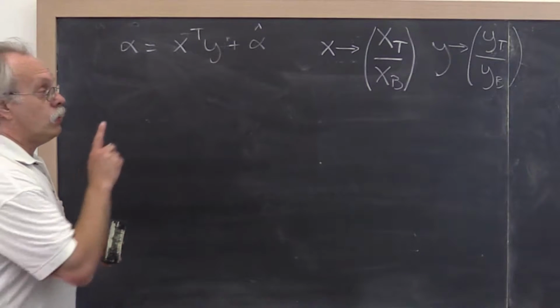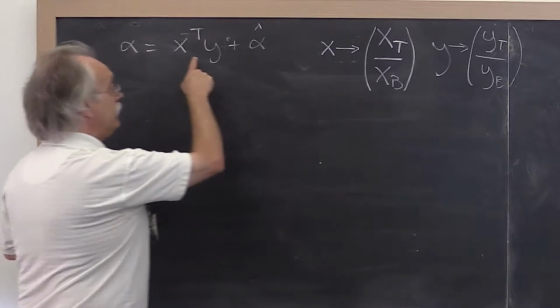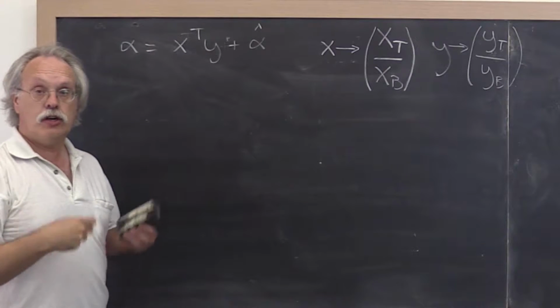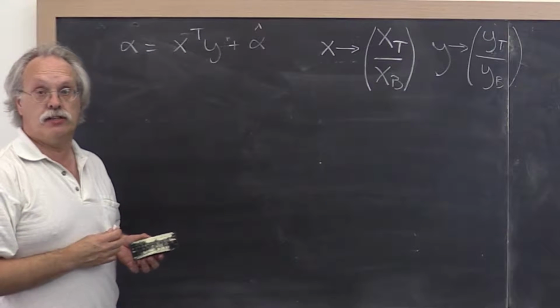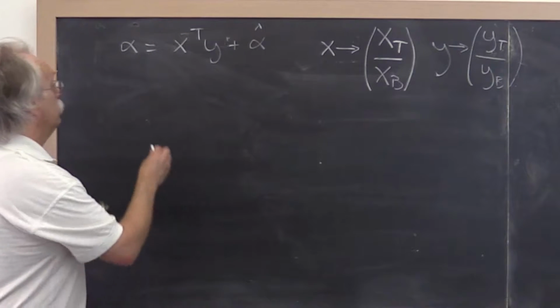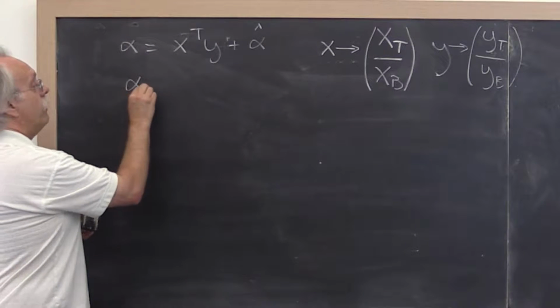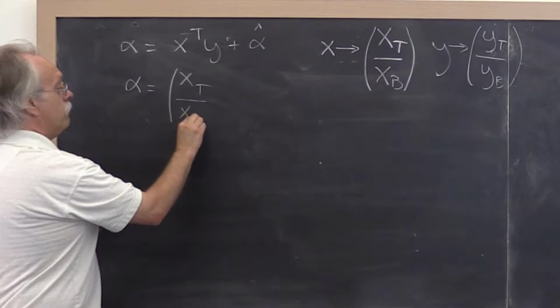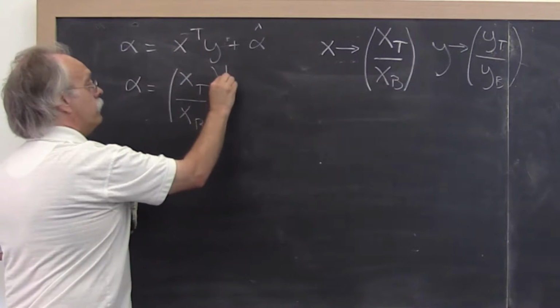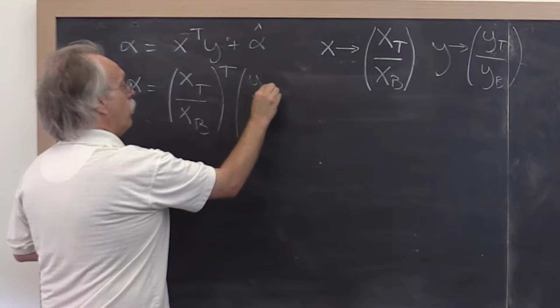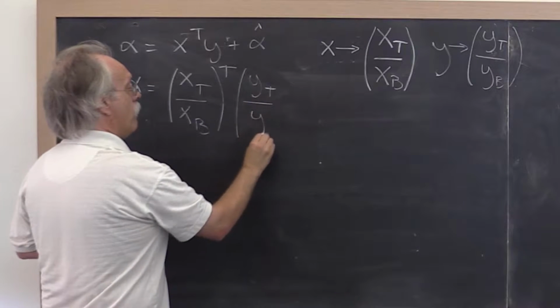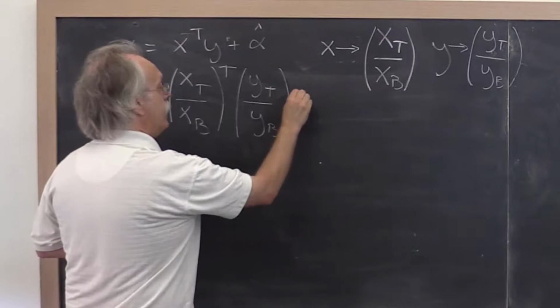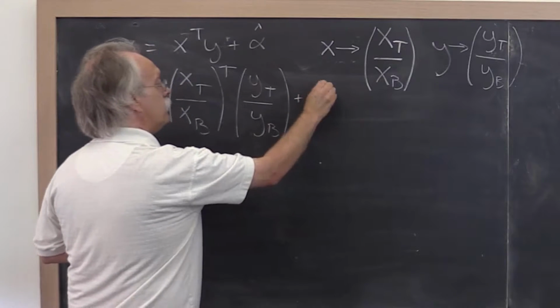Well, what we're going to do is take this and plug it into the postcondition, and that's going to be just like splitting the range when we use the other notation. So we get alpha is equal to (x top, x bottom) dot product with (y top, y bottom), added to alpha hat.